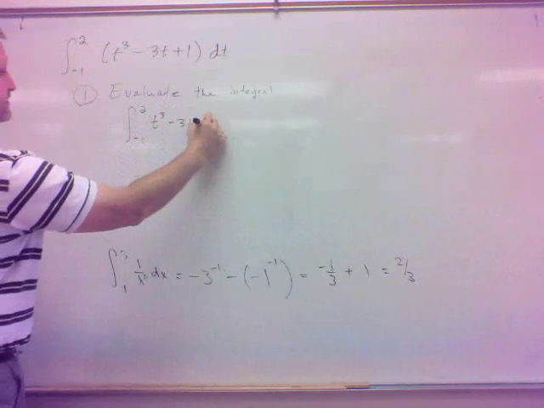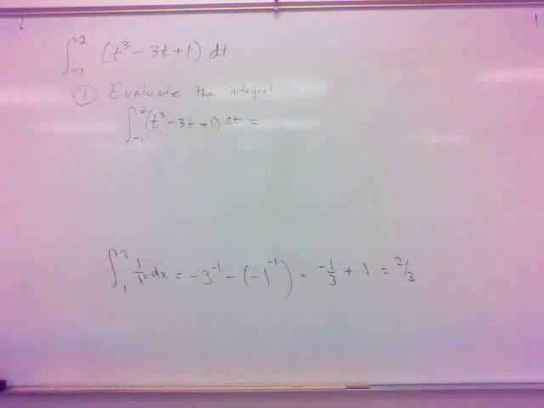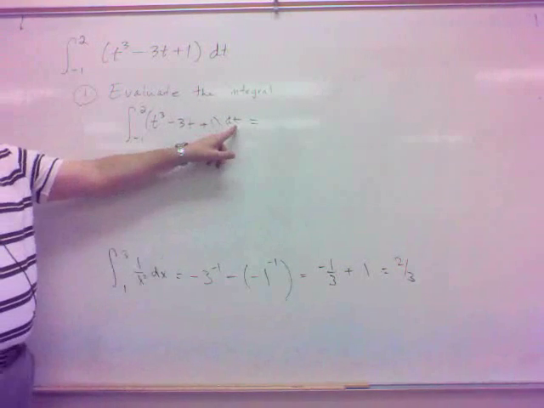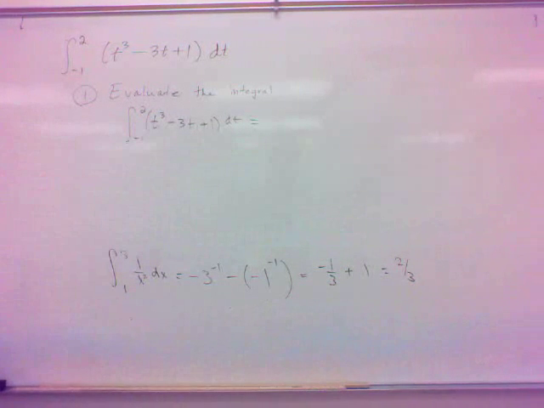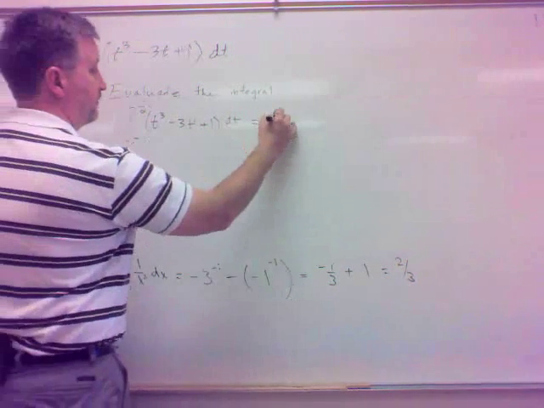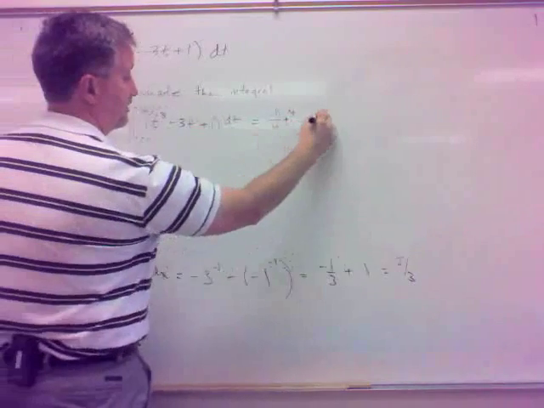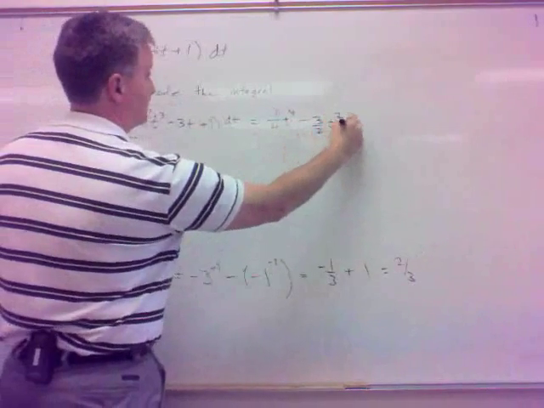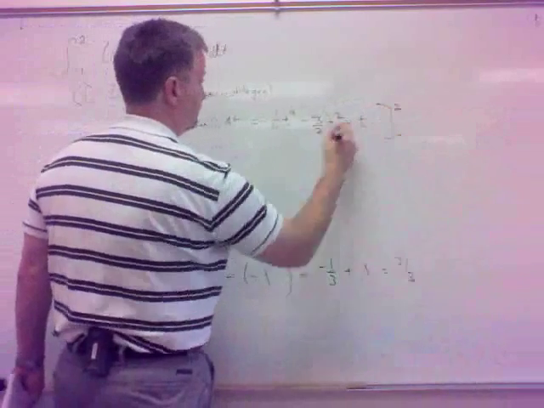Oh, I guess mention again, the variable doesn't matter. This tells you that we're doing the integral with respect to t. So this is just straightforward power rule, right? What do we got? 1/4 t to the 4th minus 3/2 t squared plus 1t, or t, from -1 to 2.